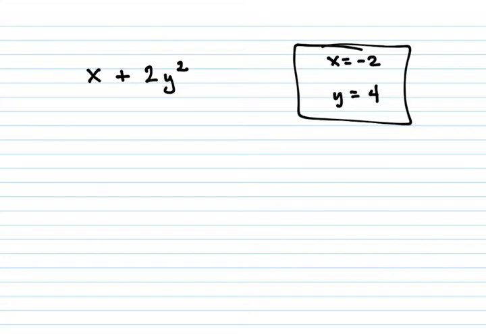So I'm just going to plug in negative 2 in place of the x. Plus 2 times something squared. So all I did was leave a bracket for where my y is going to go. And in this case, y is 4. So inside that bracket, I'll put a 4. So all I did was replace my variables with the values they gave me, making sure to use a bracket where it's necessary.